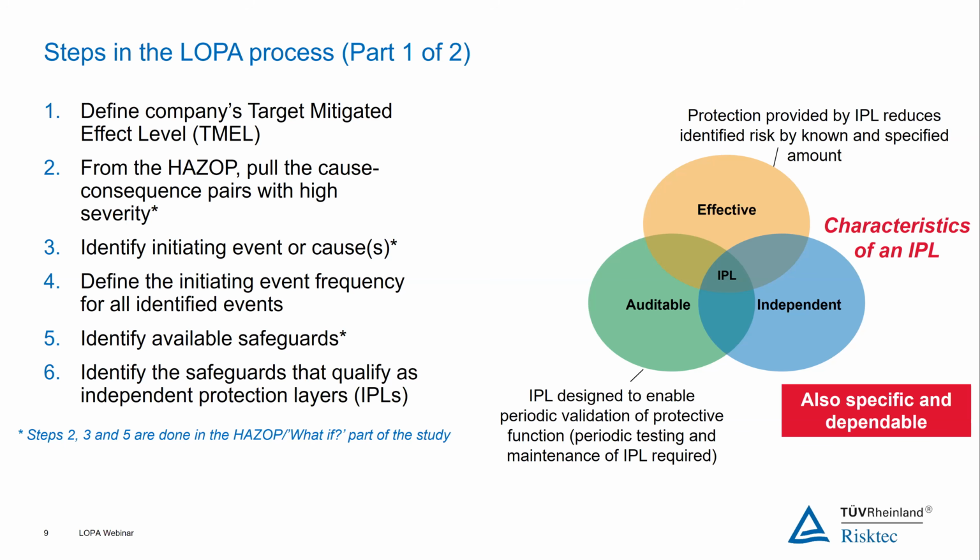So what we're going to do next is go through the LOPA process step by step at a high level, just to give you an idea of what's involved and how you will actually carry that out.